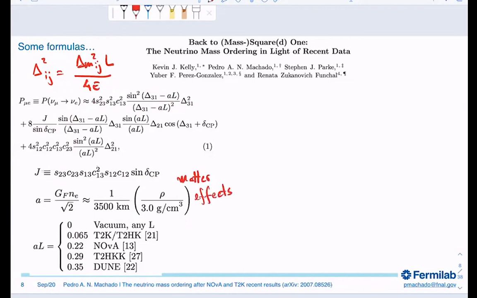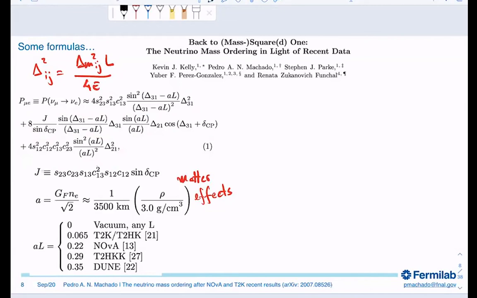Just to give you the idea of the numbers, I'm putting the size of A times L, the quantity that always shows up here, for vacuum, which is 0, T2K, NOvA, T2HyperK, and DUNE. The important point is that this term depends on matter effects, this one depends on the intrinsic CP violation in the leptonic sector, and this term is what we call the solar term.